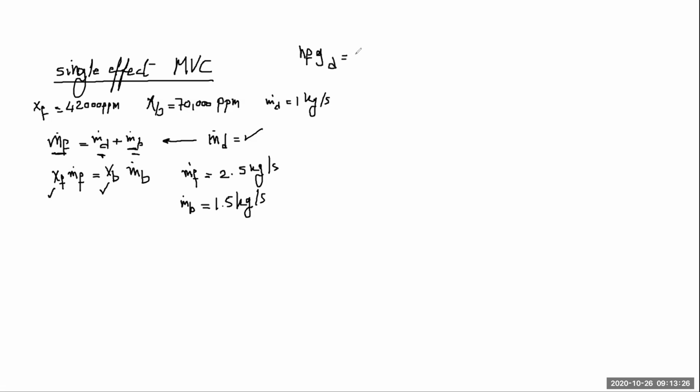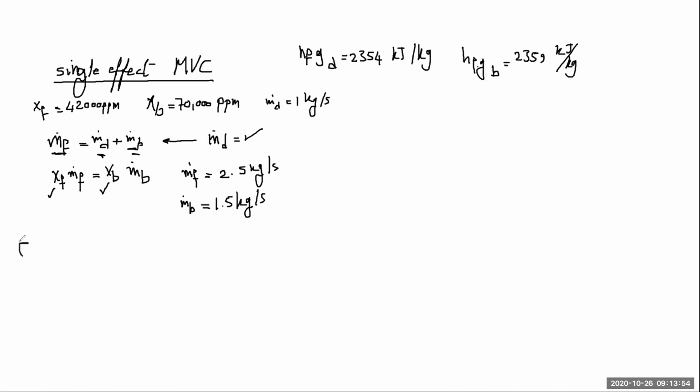So HFG of the distillate is 2,354 kilojoules per kilogram, whereas HFG at the brine temperature is basically 2,359 kilojoules per kilogram.